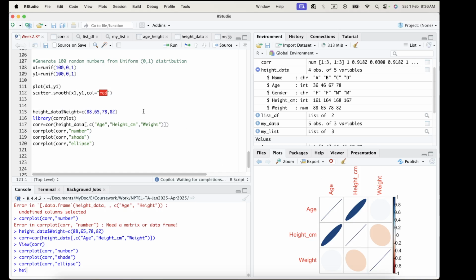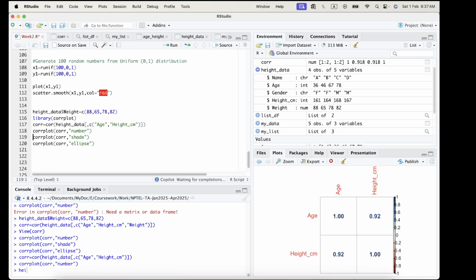All right, so yeah, that was about it. Even if we have two variables, this is going to work.